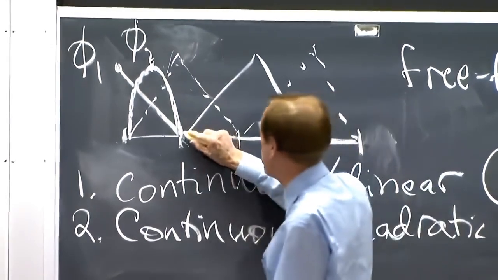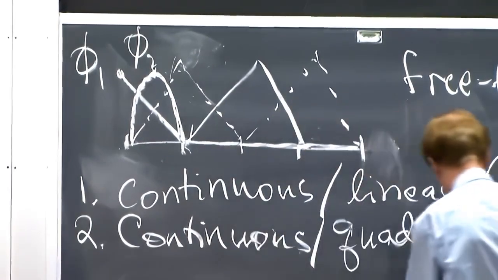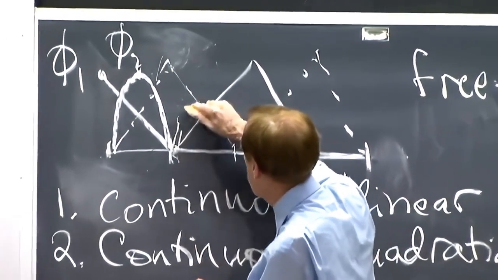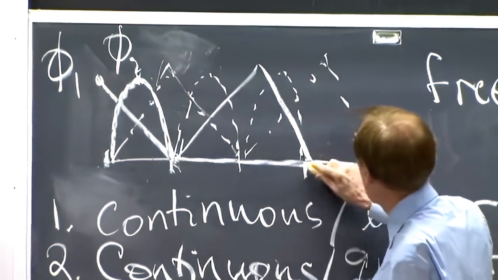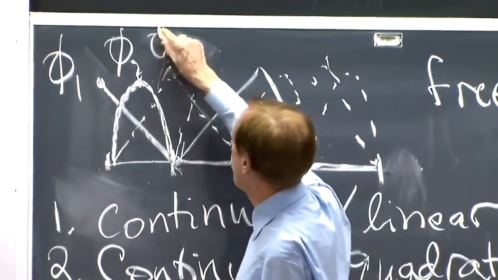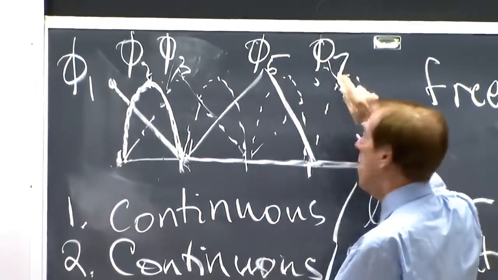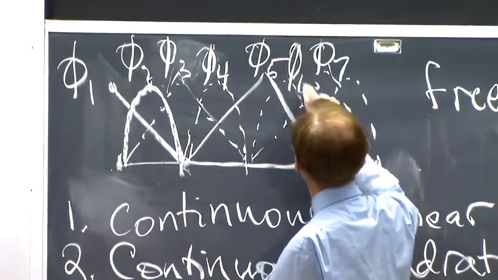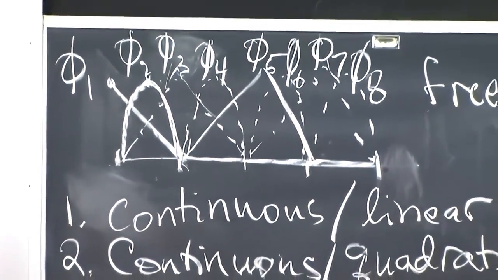And then there'll be another function. If I had another color, I could draw it. Well, I'll just do it with broken lines, maybe. So there'll be another bubble function in here, a third bubble function in the third interval, and a fourth in the fourth interval. Do you see that I've now got my old phi 1, phi 3, phi 5, and phi 7 were the hat functions, but now I've got a phi 2, phi 4, phi 6, and phi 8 that are these new trial functions.